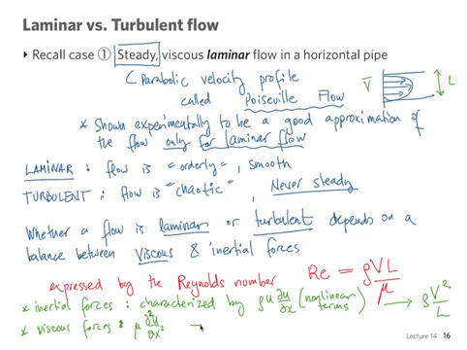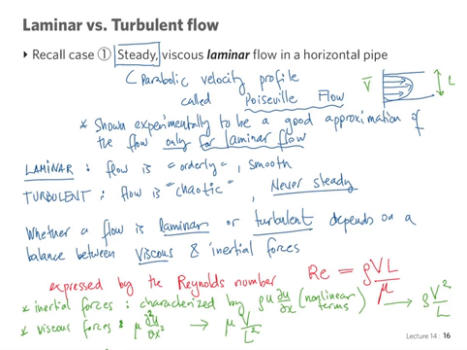So we can characterize the flow by looking at terms of the form mu, and here we have one velocity and two lengths, basically, looking at just the dimensions involved in that term.